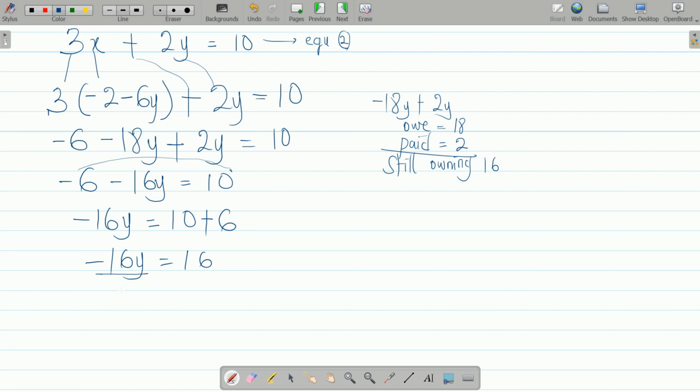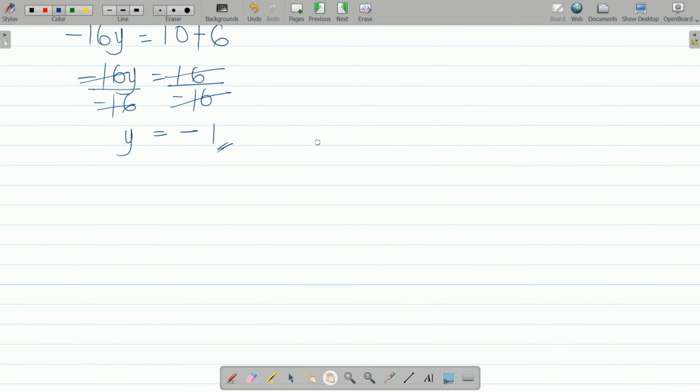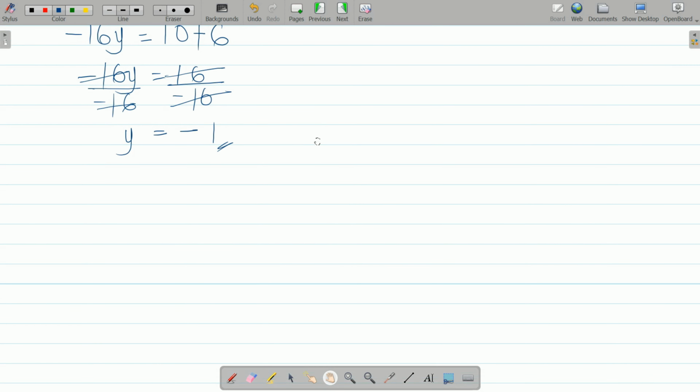Dividing both sides by the coefficient of y, which is minus 16, y is then equal to minus 1. Substitute the value of y into any equation of your choice.